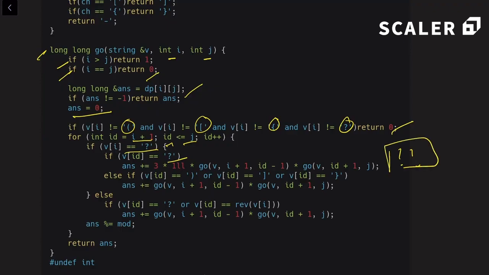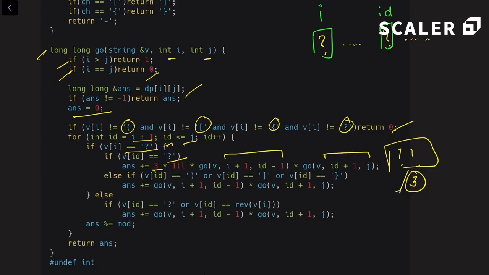Okay, if both of these are question marks, then we can solve the subproblem in 3 ways, right? That's why I'm multiplying by 3 here. And then I am recurring from i plus 1 till id minus 1 and id plus 1 till j. So let's say this is the string: question mark dot dot dot, question mark dot dot dot. Then this is our first character i and this is our sub character id, which I have considered as our closing bracket.